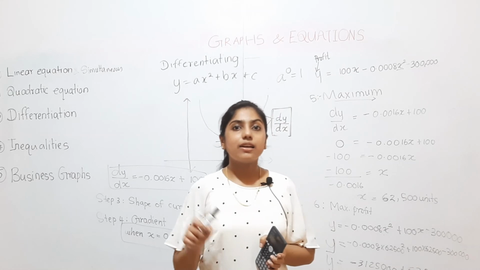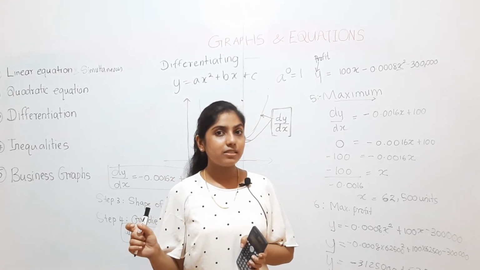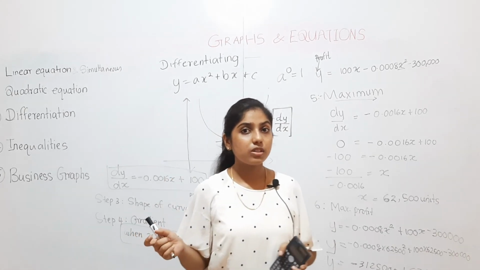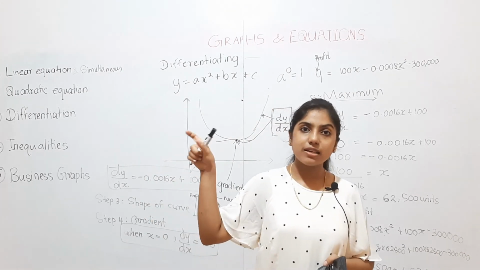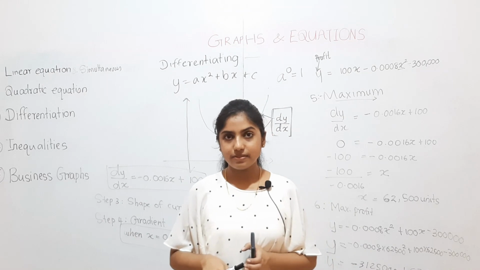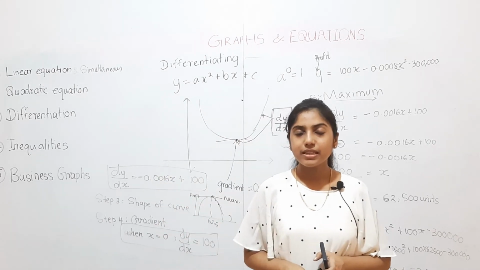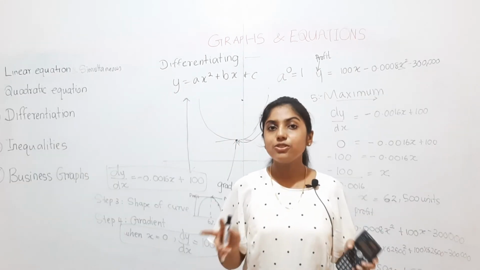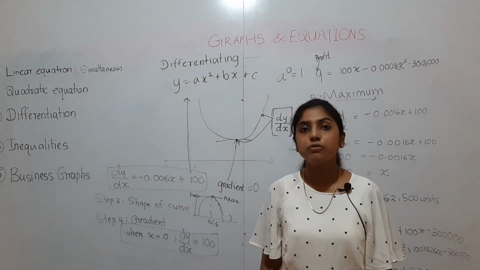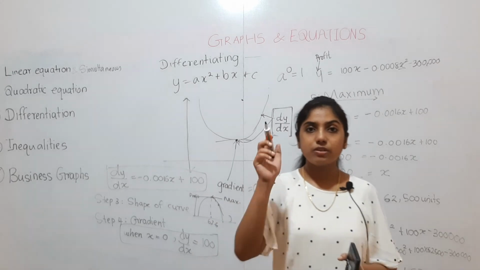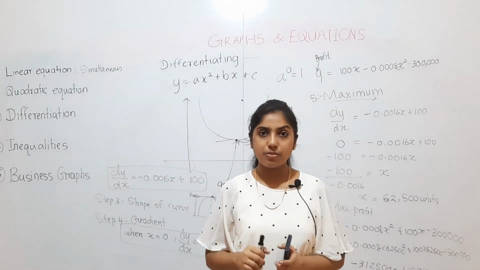And using that particular x value, we have to substitute it into our original equation to get the maximum value of y. Okay. That's all you need to know, and please make sure that you are aware of the shape of the curve so that you know if it's a maximum or a minimum point.